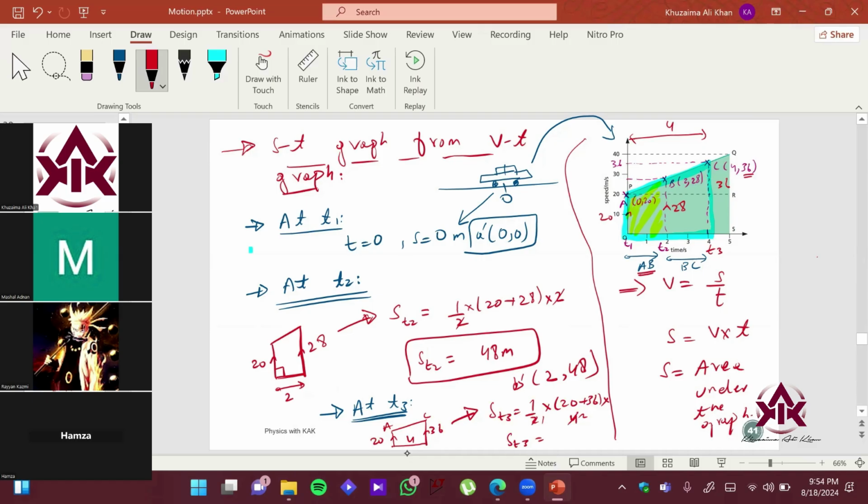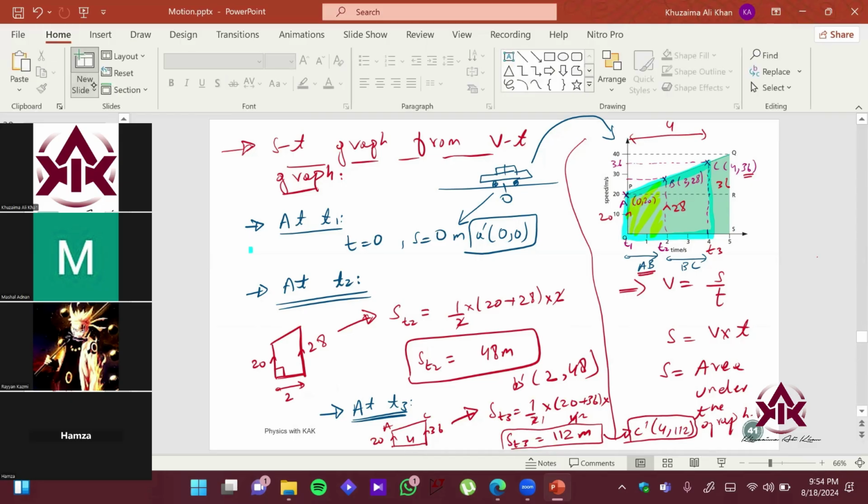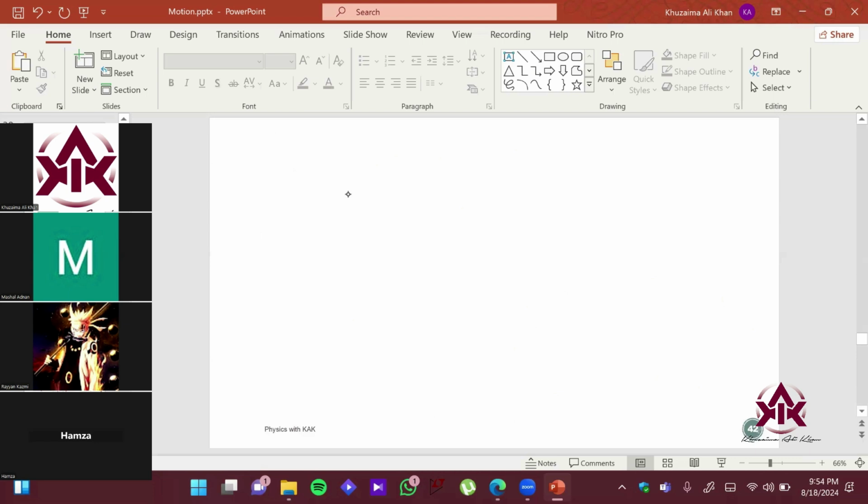So it's 112 meters. So your third point for plotting is coming out to be point C bar. That is at 4 seconds, it is at 112 meters, right? So now you simply plot this and you can possess your displacement time graph, distance time graph.